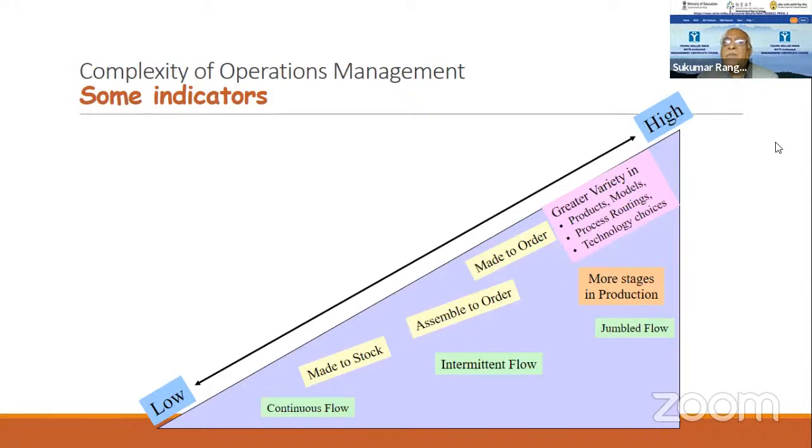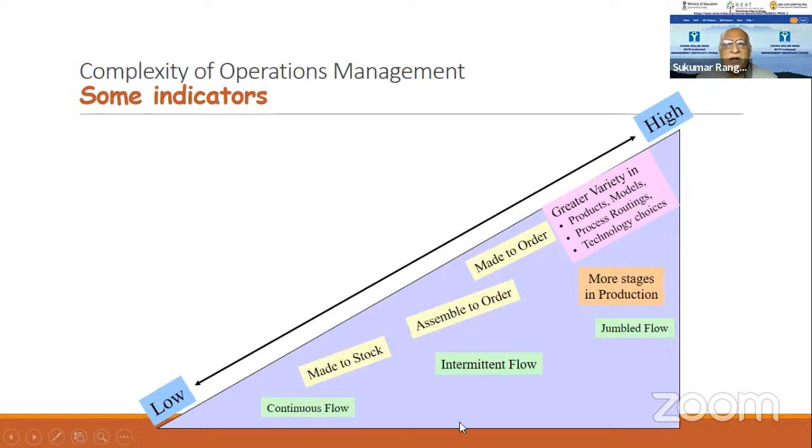The whole thing is now put in a simple diagram here. If you see that from the complexity of operations management, finally, the indicators are from low variety to high variety.